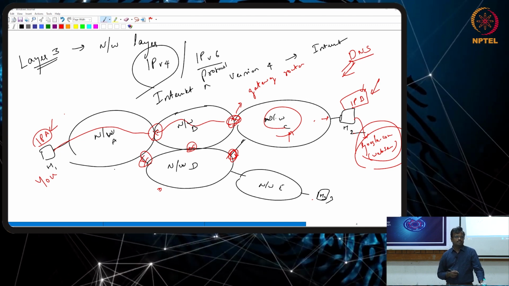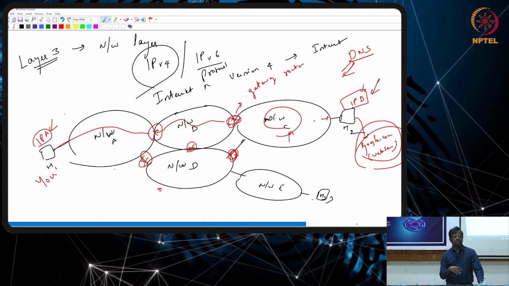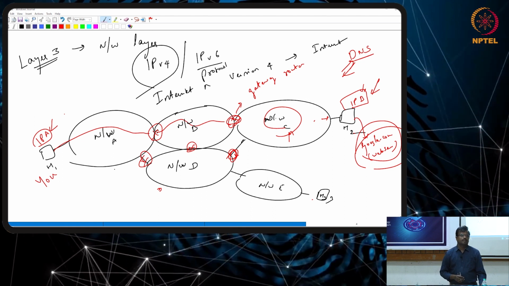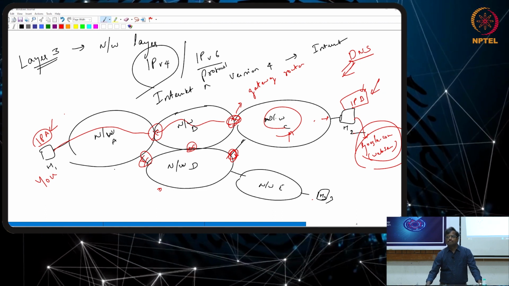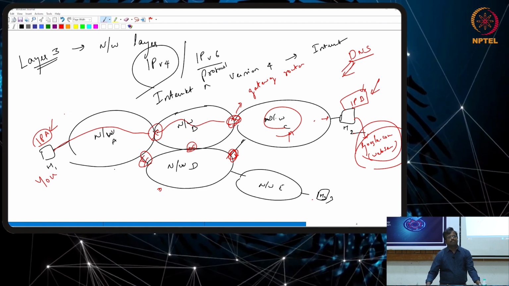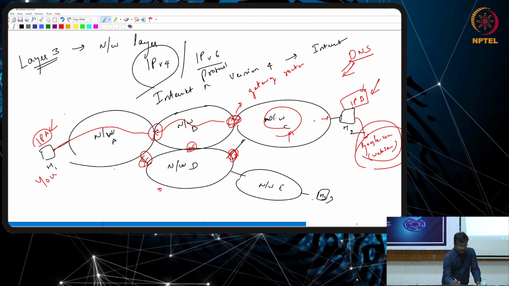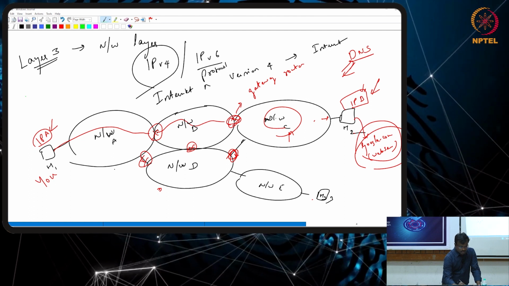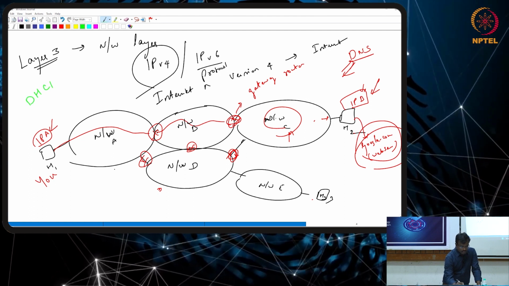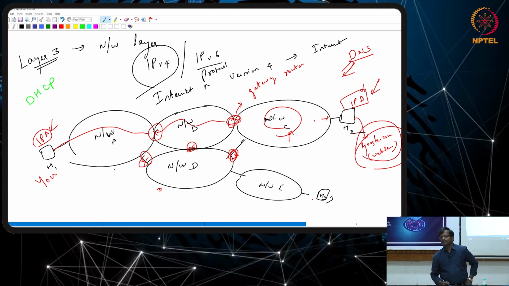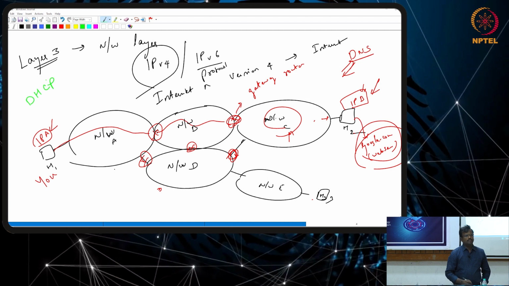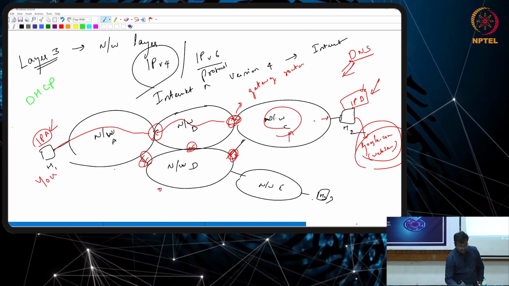RARP is a reverse ARP: whatever you do in ARP, you're doing the reverse of it. Have you heard of this? We have heard of the protocol DHCP, right? Dynamic Host Configuration Protocol.